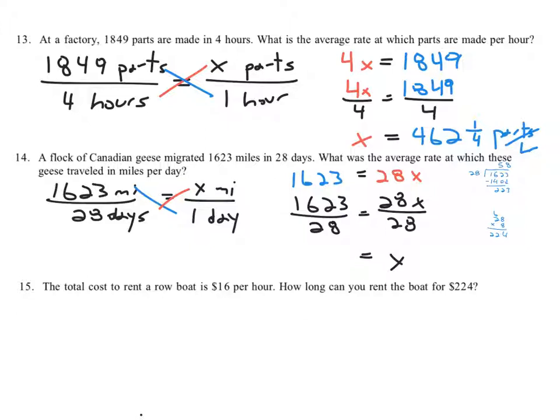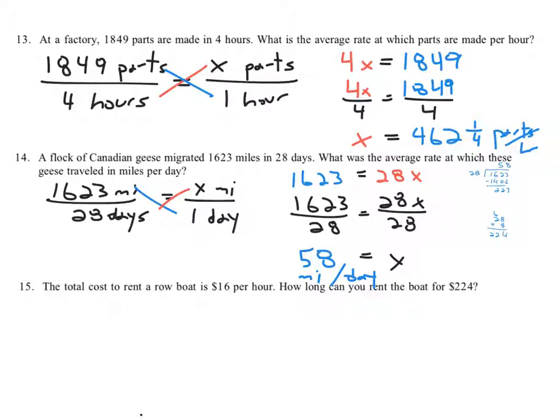Okay, but it's about 58 because when I divided it, I was only 1 off from being exactly 58. Okay, and that is 58 miles per day. What is it they travel in miles per day? 58 miles per day.